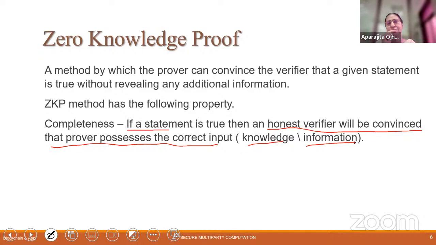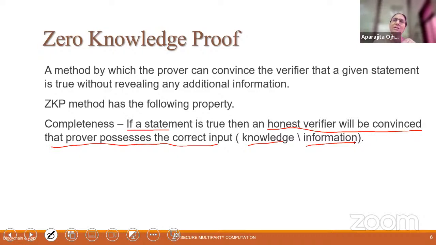If I use my password to gain access to the email account without revealing the password, then the verifier is convinced that the password must be correct because some condition is satisfied.